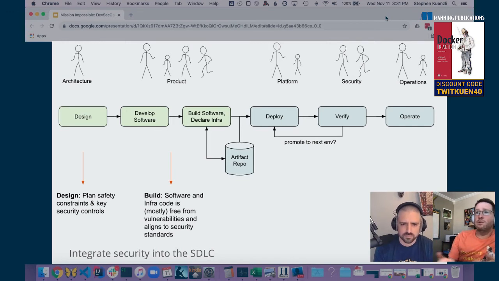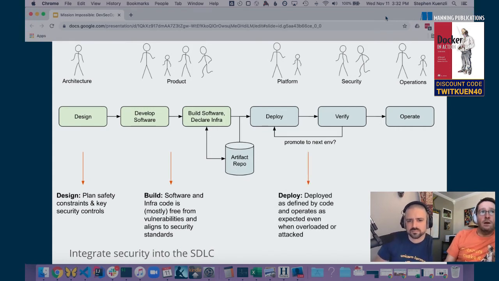Like we might have a rule like, you can only publish an artifact into the artifact repository if its vulnerability score is less than a certain number, and that it meets other organizational standards. With the idea being that the artifacts should be ready for deployment if they've been published to the trusted repository. Like we should be able to take things out of our repository and then go and deploy them.